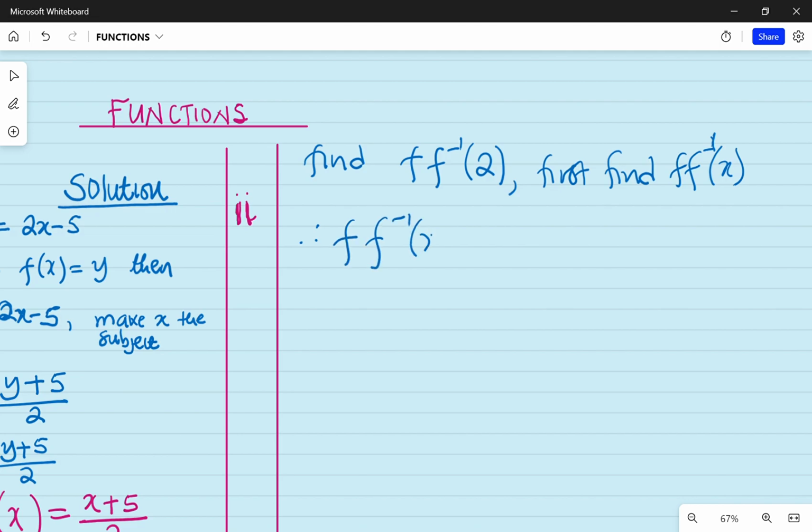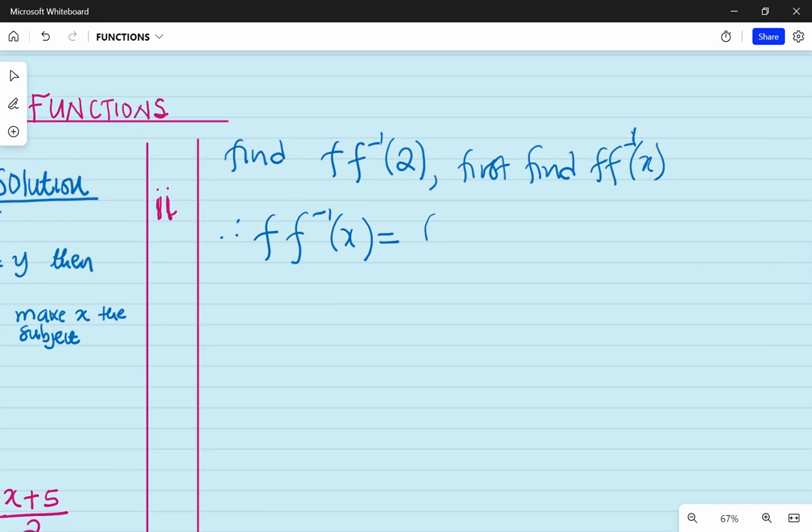That simply means where you are seeing x in f of x, we are now substituting everything with f inverse of x.